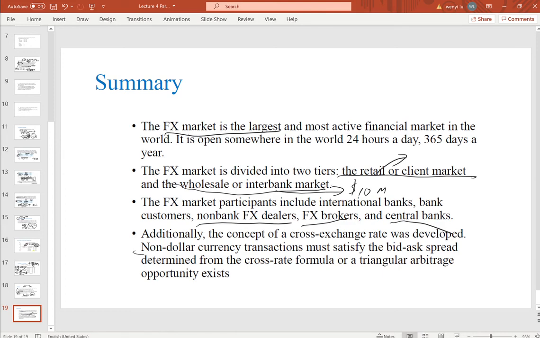Non-dollar currency transactions must satisfy the bid-ask spread determined from the cross rate formula, or a triangular arbitrage will be available for you to exploit for profit. If the cross rate you solved from the formula is not the same as the market rate, then there will always be a chance to exploit arbitrage profit.